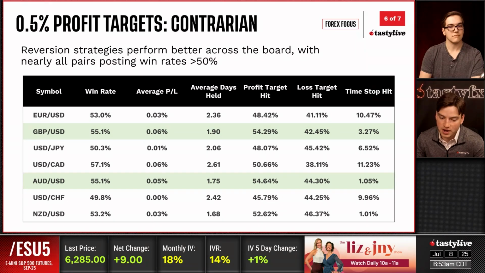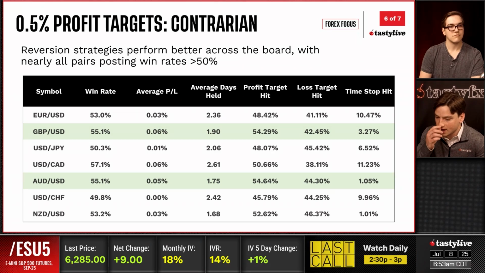So in pound dollar and Australian dollar, over 5 days and using 0.5% profit bands, you're not going to get stopped out over 5 days due to time, more than likely. You're also seeing those average days held are the shortest as well, at under 2 days.